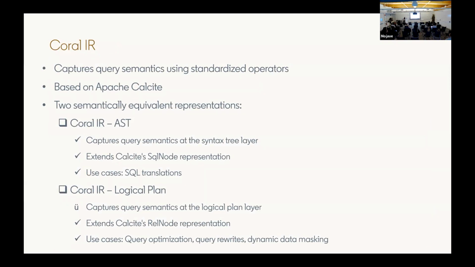The first is the abstract syntax tree. It preserves the query semantics at the syntax tree level, and it extends the Calcite SqlNode representation. This helps primarily with SQL translations, when we are looking to convert a SQL definition from one source dialect to a target dialect.